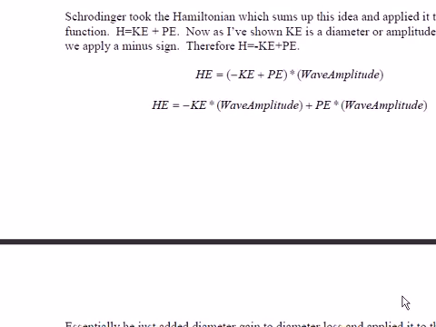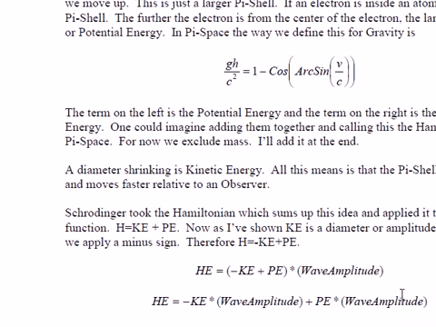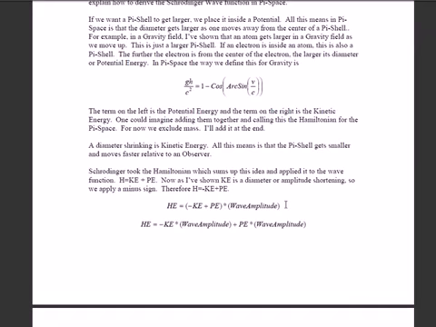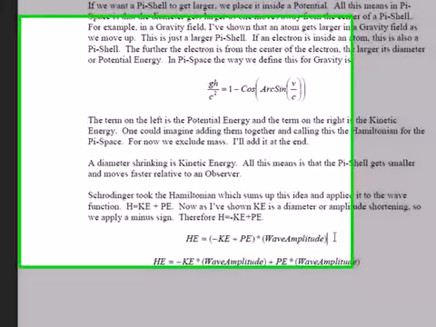So I'm going to just go up here a little bit. The formula is based on what's called the Hamiltonian, and the Hamiltonian is actually a really simple idea. It's foundational in quantum mechanics, but it's essentially the combination of the kinetic energy.